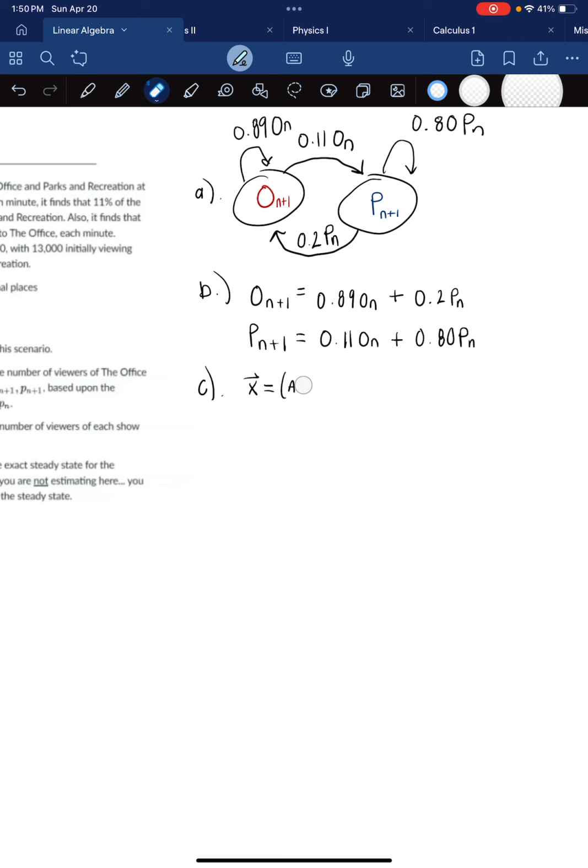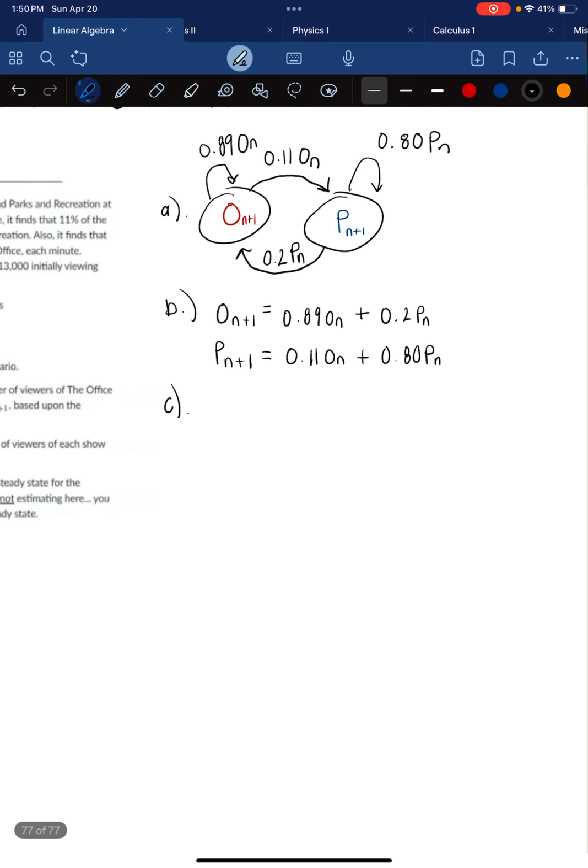But after watching the video, I remembered the formula that we use when we're given time. So vector x at time t is equal to matrix A to the power of t times x naught.